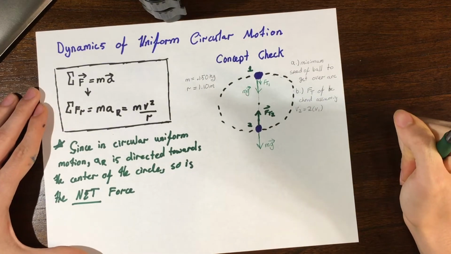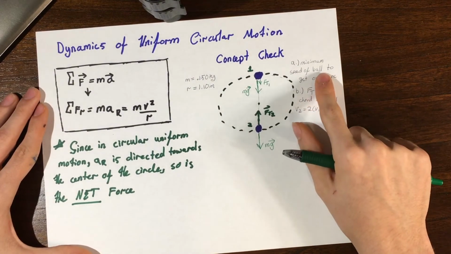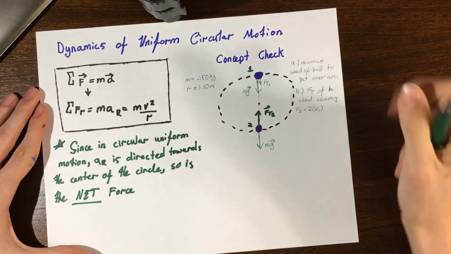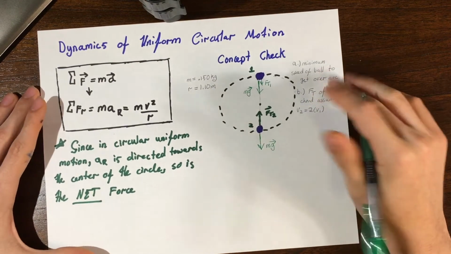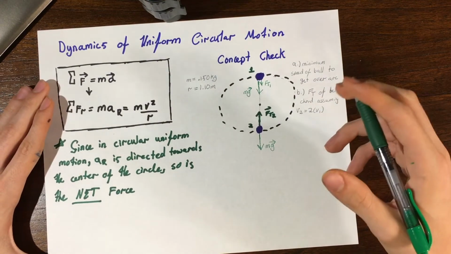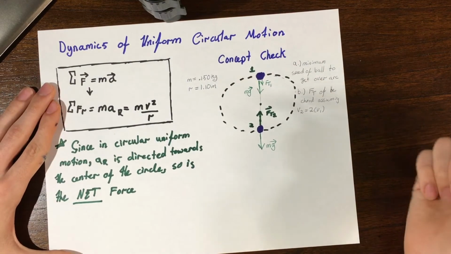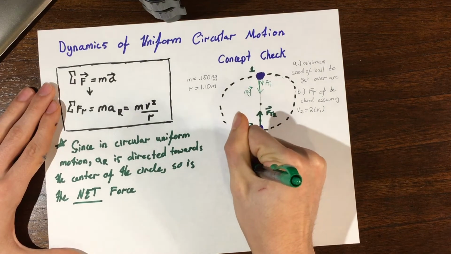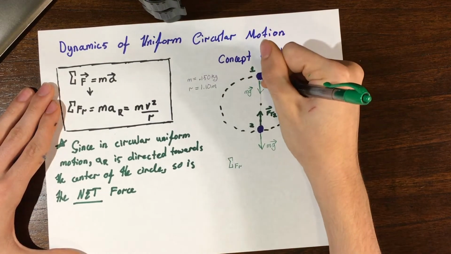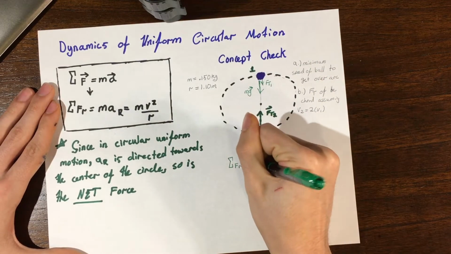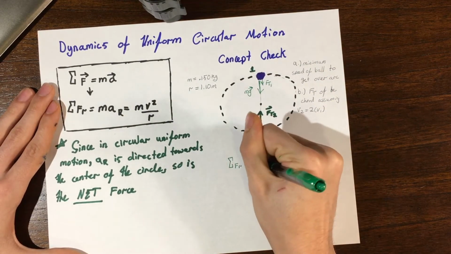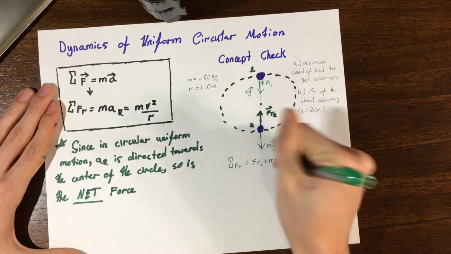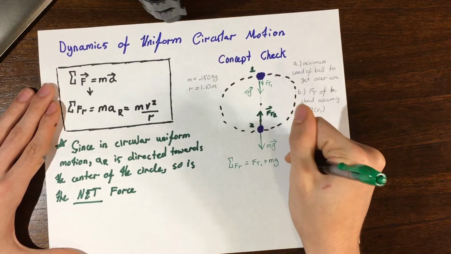Now we want to find the minimum speed of the ball to get over the arc. That would be at the top of the circle. So we're going to follow Newton's second law and apply our equations and what we know about radial acceleration. The summation of the forces radially, since they're acting towards the center of the circle, is going to be equal to force tension 1 plus mass times gravity, which is our force gravity.